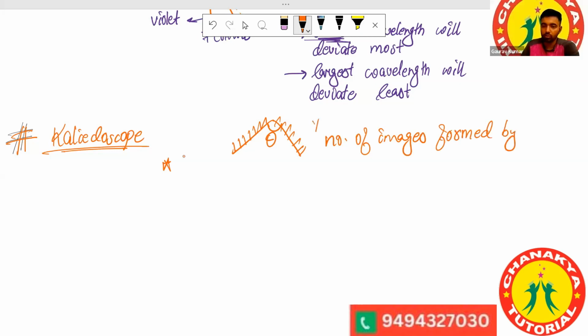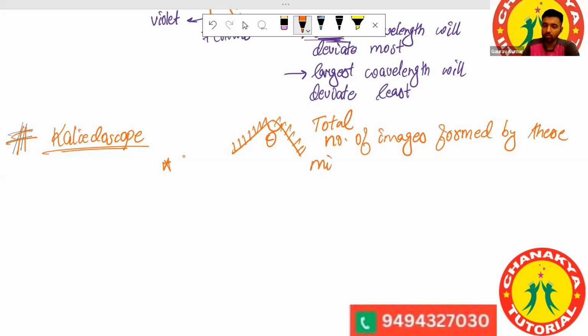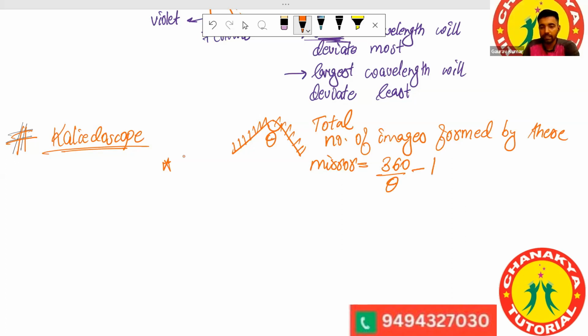We can take this theta as a, or some other notation like alpha.